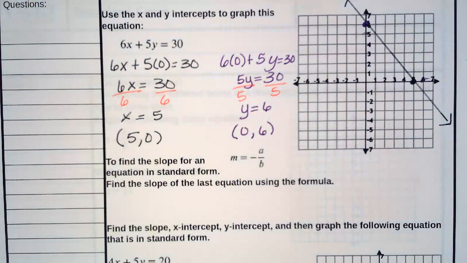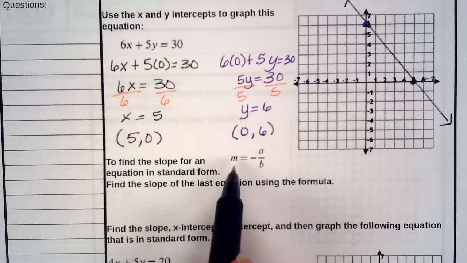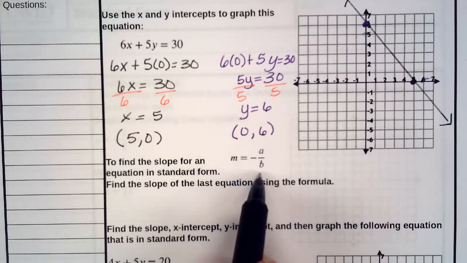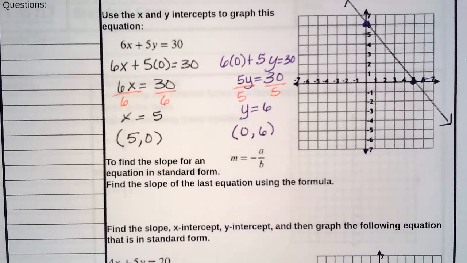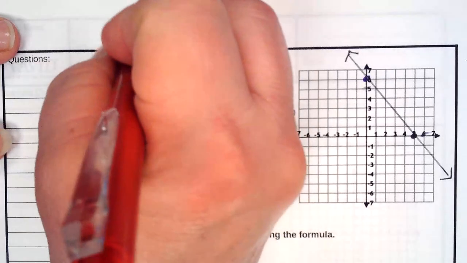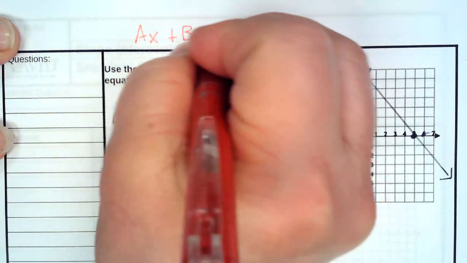And you are done. Okay, now when we're looking at standard form, sometimes we might want to find the slope. There's a formula for finding the slope. So find the slope of the last equation using this formula, which is your slope is equal to the opposite of a divided by b. If you remember, your standard form is ax plus by equals c.